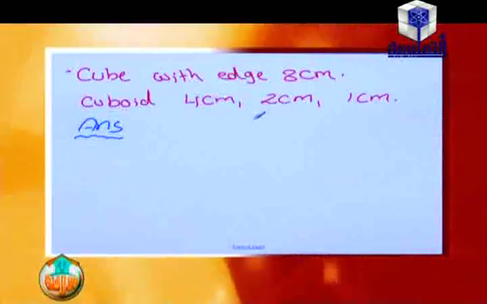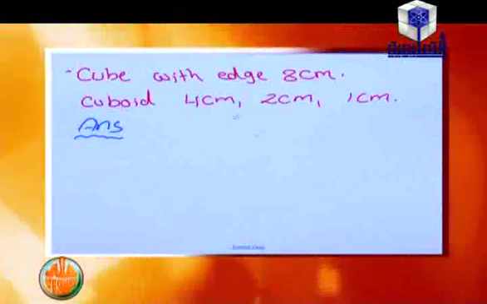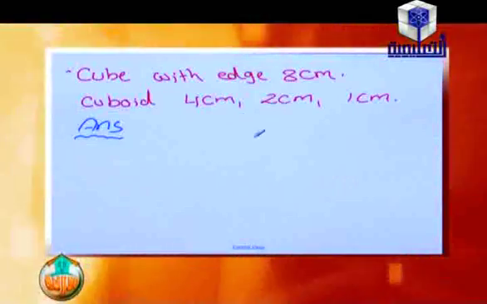The first step to find the number of small cuboids is to find the volume of the big cube, using the rule edge times edge times edge. The edge length equals 8 centimeters.